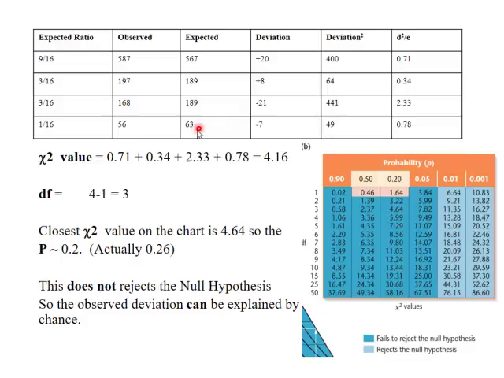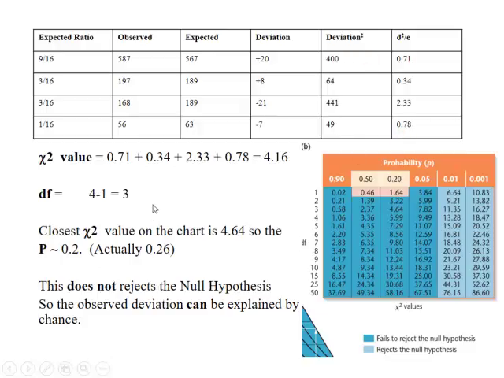So this was 49 divided by 63. Now you have to add all of these chi-square values together. 0.71 plus 0.34 plus 2.33 plus 0.78 gives us a chi-square value of 4.16. That was all of these added together.